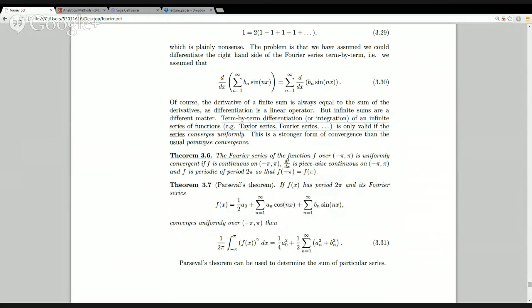Now, theorem 3.6 gives us some conditions under which the Fourier series converges uniformly to the limit function. These aren't necessary conditions, but they are sufficient conditions. So the conditions given here in 3.6 are enough to ensure that the Fourier series converges uniformly.